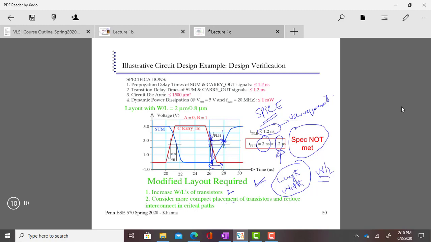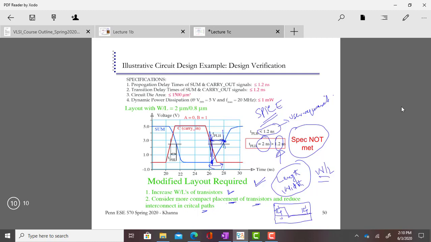Consider more compact placement of transistors and reduce the interconnect critical paths. I told you before that if you have this area for your chip, you may decide that a transistor may be placed here and another transistor may be placed here, and these two transistors may be connected. For example, they may be connected like this, but this is one option.